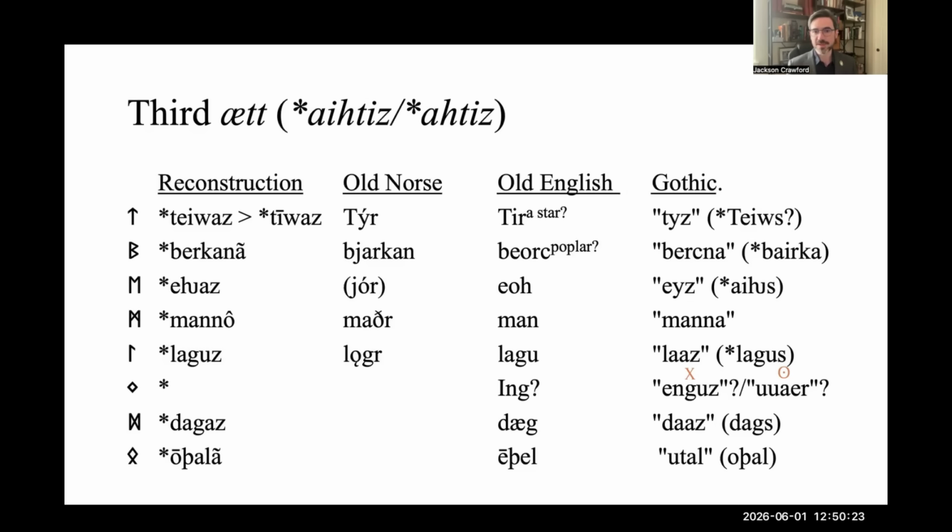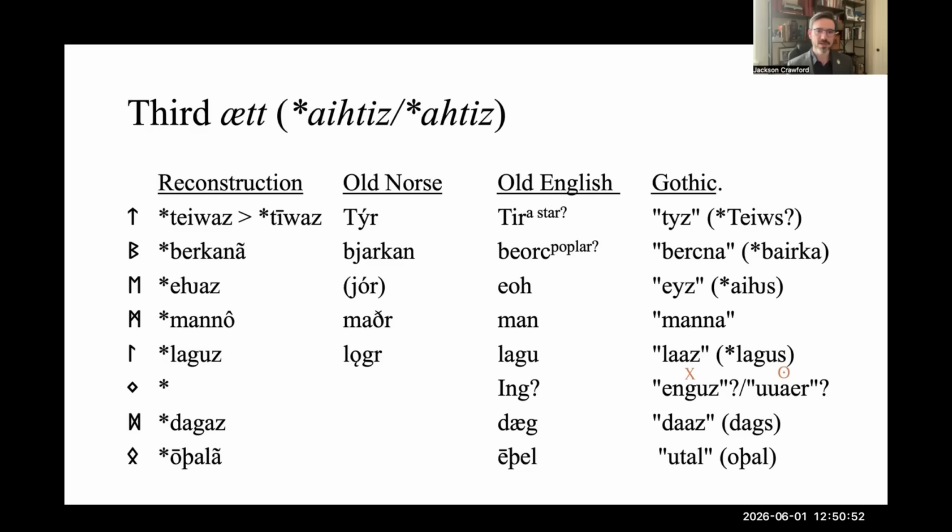So in Old English, where we have Tyr, T-I-R, it looks like it means a star, maybe a constellation based on the way its name is riddled at in the Old English rune poem. This is probably later. The Gothic that Alcuin records, Tews, or something that could point to a Gothic Teus, which would be the name of the one-handed god in Gothic if that were preserved. So I think we can pretty strongly point to this as being the name of that god.